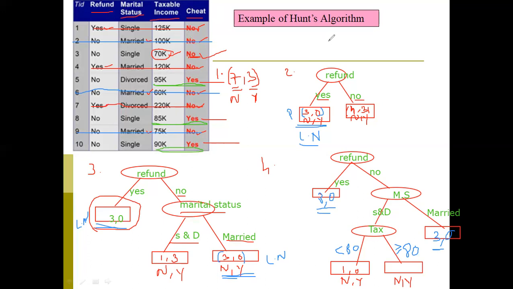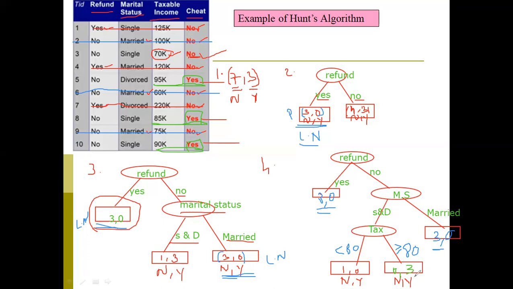Here we have 3 Yes class labels, 0 No's. Finally, 1, 0 and 0, 3.